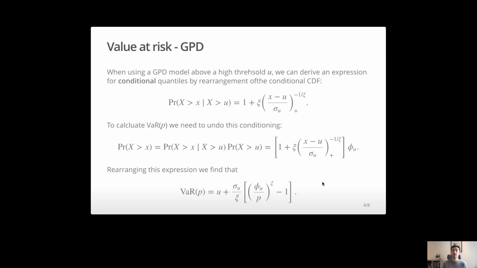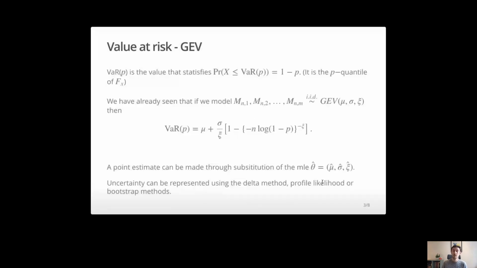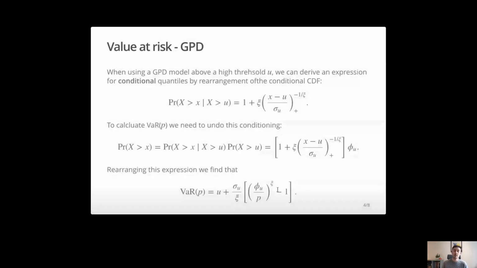And those same three methods can be used again to construct a confidence interval for our estimate. So as a reminder, those methods were using the delta method, because we just have a function of our other estimated parameters, a profile likelihood, and doing a simple bootstrap procedure to resample the size of our threshold exceedances.